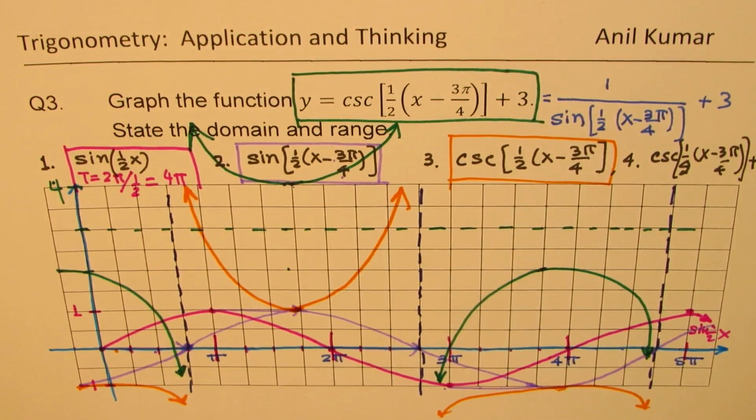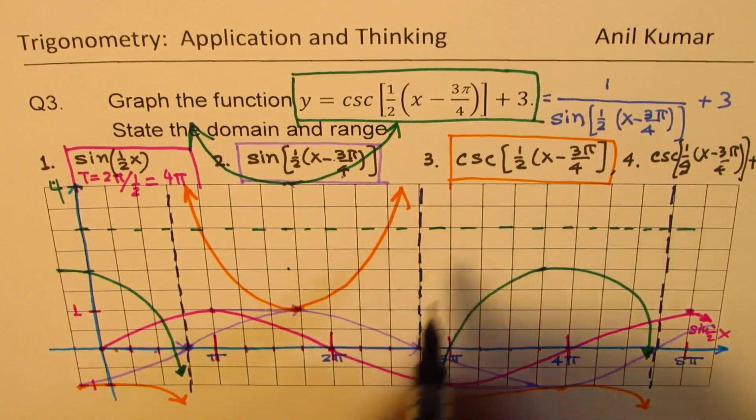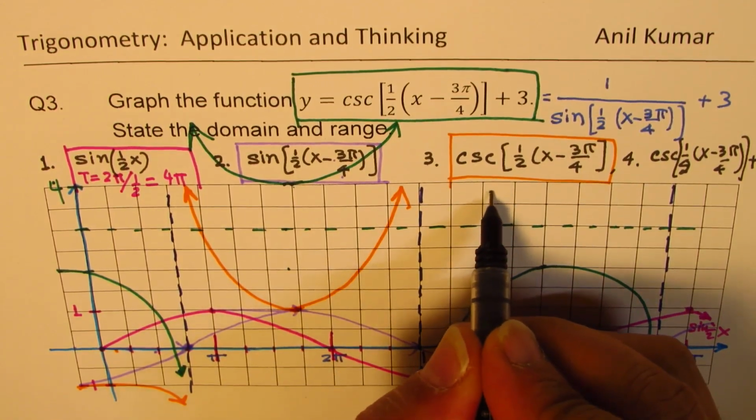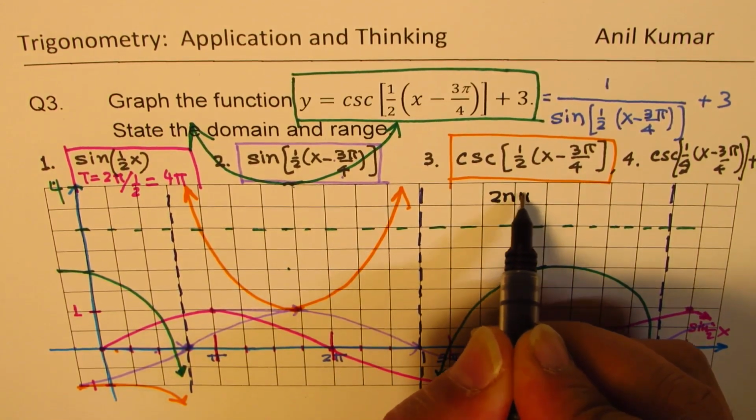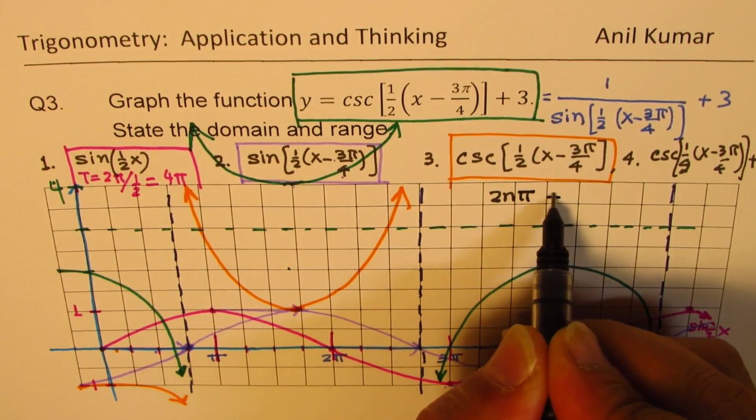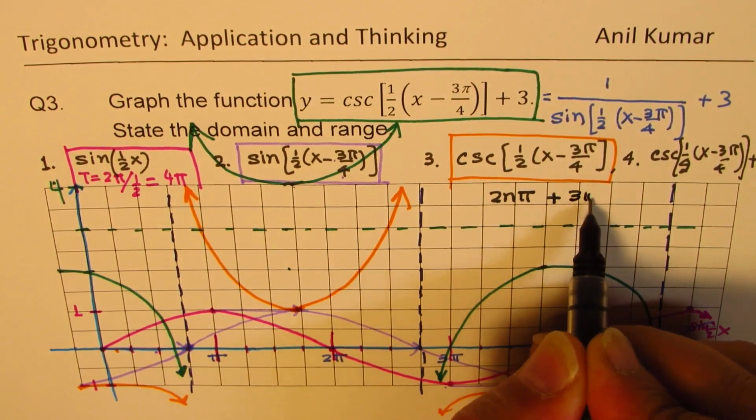So as you can see here, the domain is all real numbers except these points, right? So 3 pi by 4 is not there, plus we do not have 2 pi plus 3 pi by 4, right? So in our 2n pi plus 3 pi by 4.